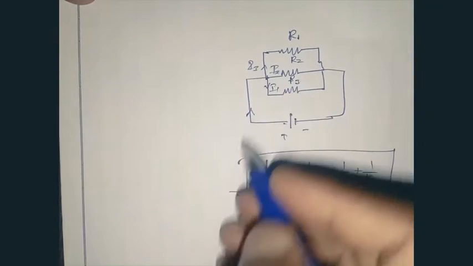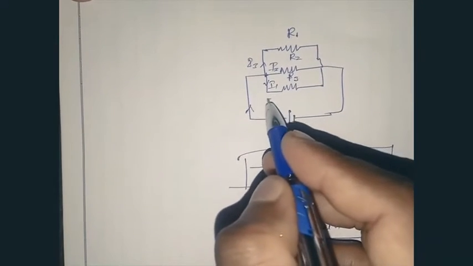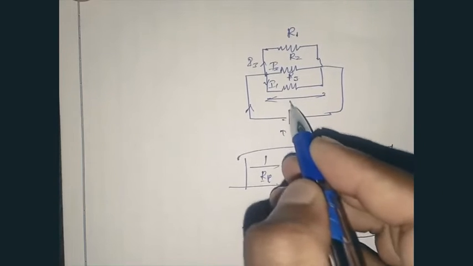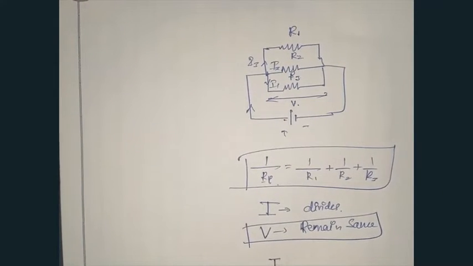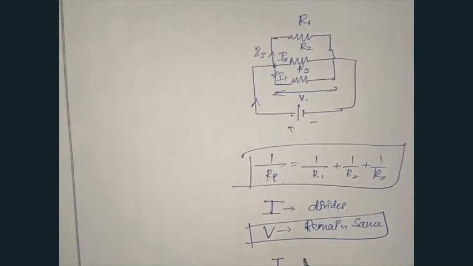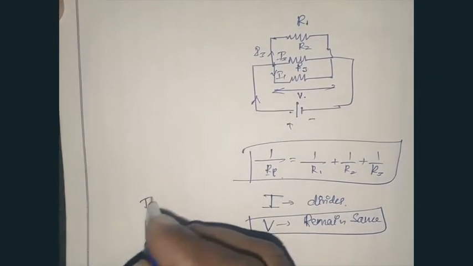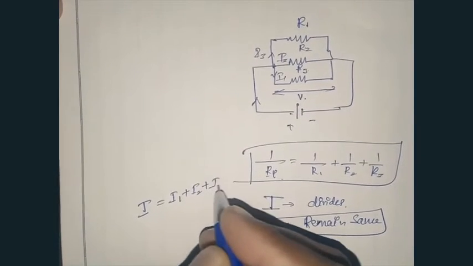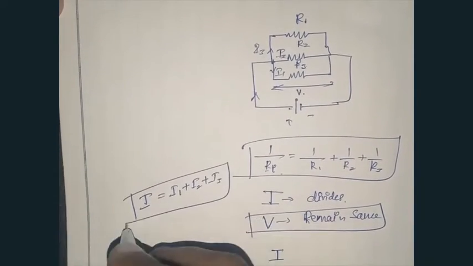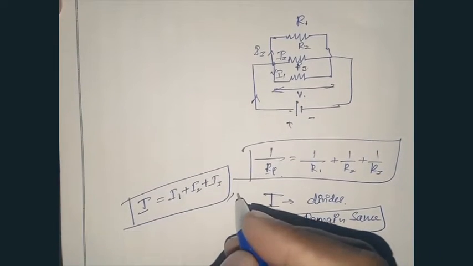You can see how the current is dividing, whereas the potential difference across all these three remains the same. So the total current flowing through the circuit, I is equal to I1 plus I2 plus I3. This is the thing that you must know properly.